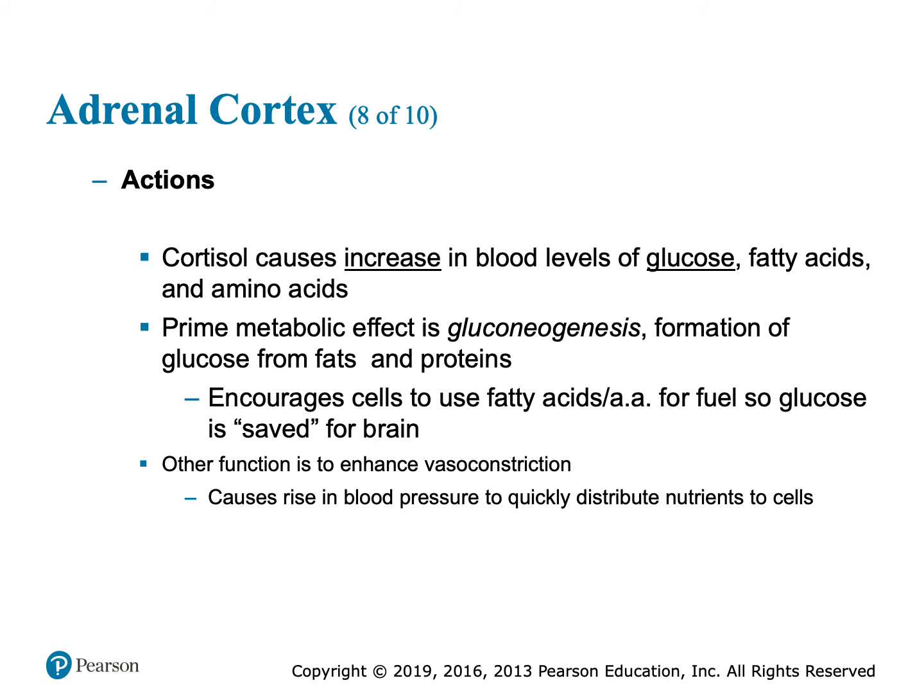This is one reason why that keto diet is not necessarily safe. You do need some carbs. So the cortisol is going to encourage all the other cells to use fatty acids and amino acids for fuel.